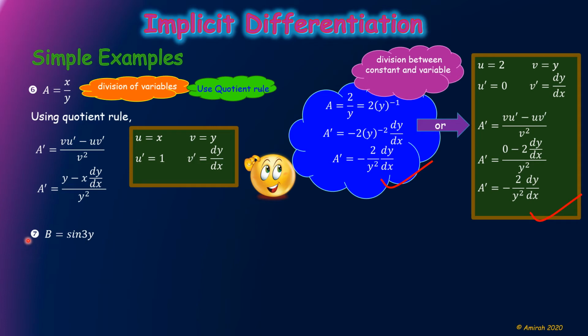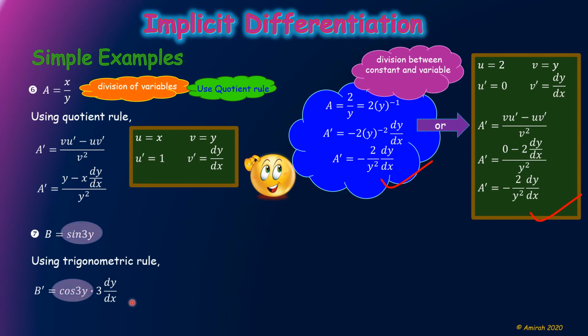And then number 7, simple example number 7, b equals sine 3y. Using the trigonometric rule, because we have trigo here, we differentiate b, it becomes b prime equals cos 3y times 3 dy over dx.